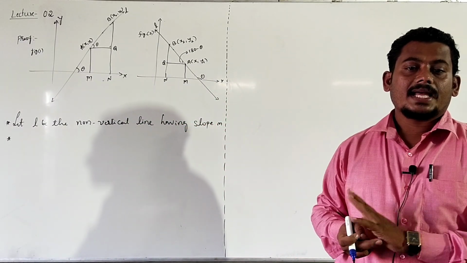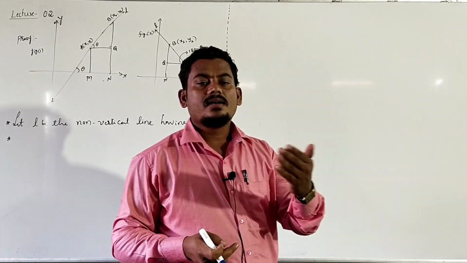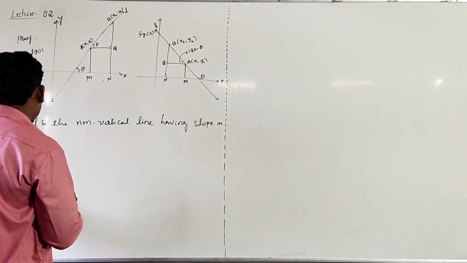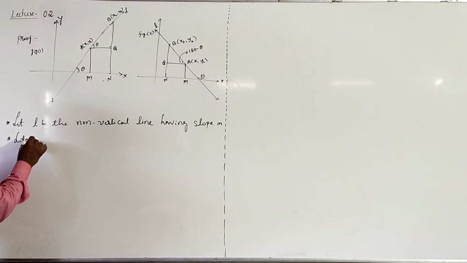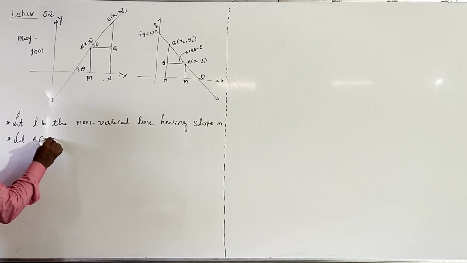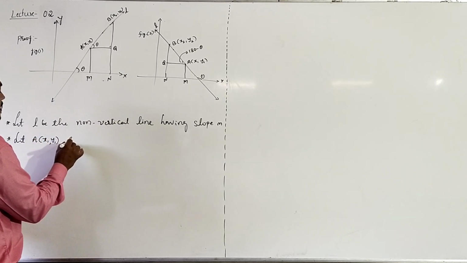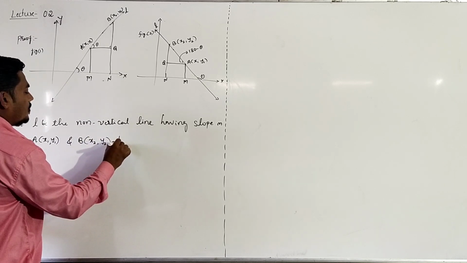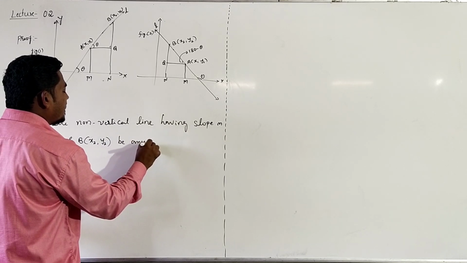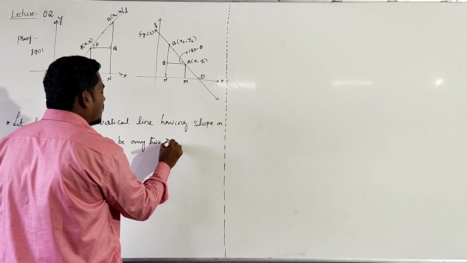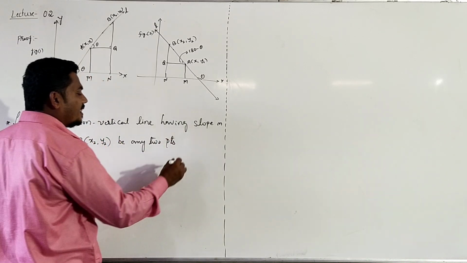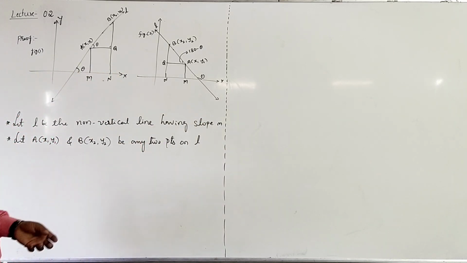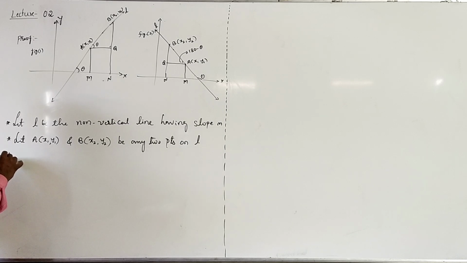Let A of x1, y1 and B of x2, y2 be any 2 points on line L, right?